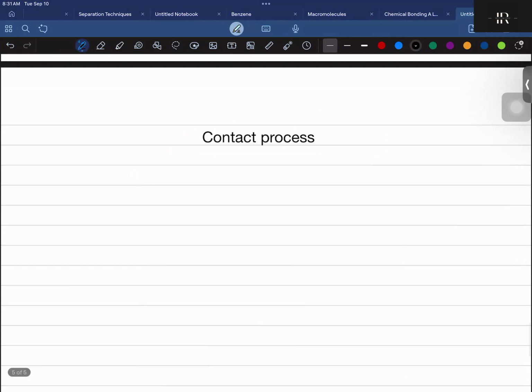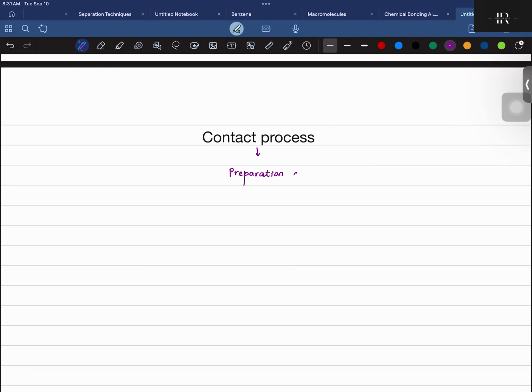Basically, I want reactants first, right? So in this process, we are going to prepare H₂SO₄.